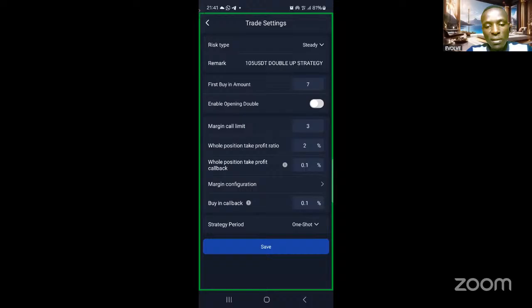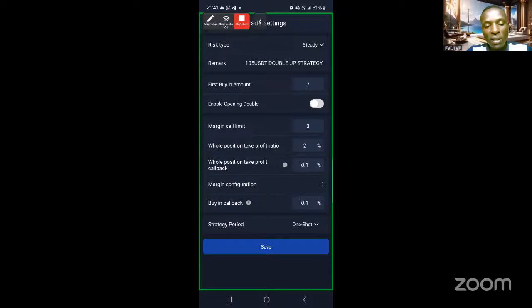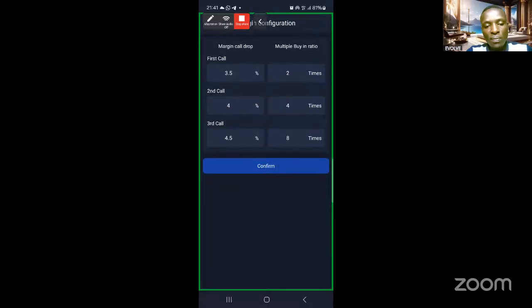Can you see that? This is a simple strategy. Is that hard? Simple. I told you these ones, we keep them the same. You have set your strategy, just like that.